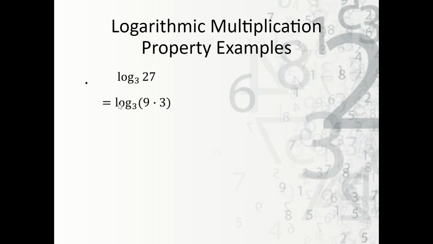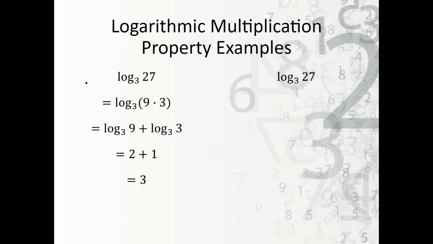Then we can rewrite this as log base 3 of 9 plus log base 3 of 3. Now, we can look at this and say 3 to the what power equals 9? Well, we know 3 to the 2nd power equals 9. And 3 to the 1st power equals 3. So that's 2 plus 1, which is 3.